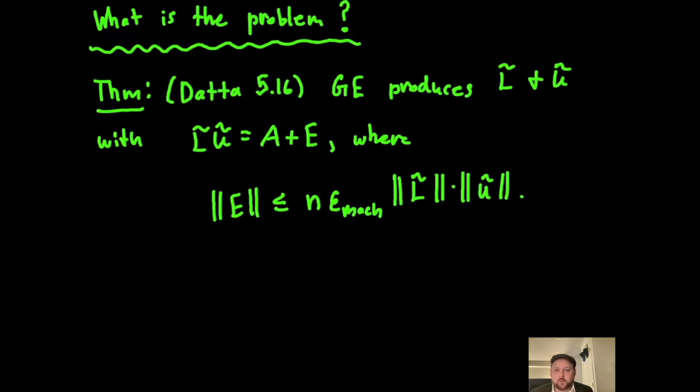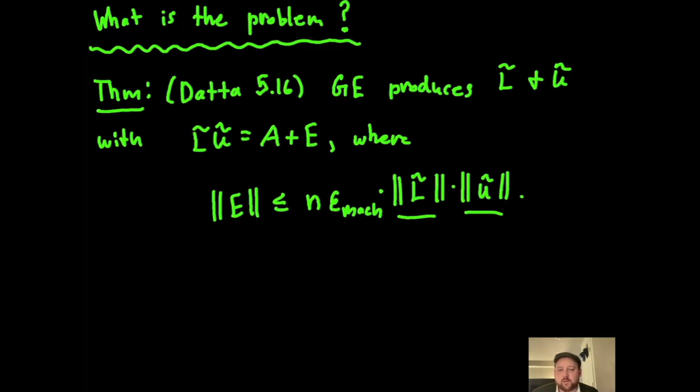Remember we talked about matrix norms at the beginning of the class. The matrix norm of E is bounded above by n times machine epsilon, the relative accuracy with which we can apply these standard floating point operations, times the norms of these L and U matrices.